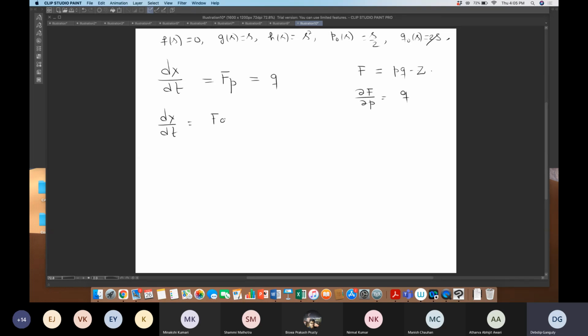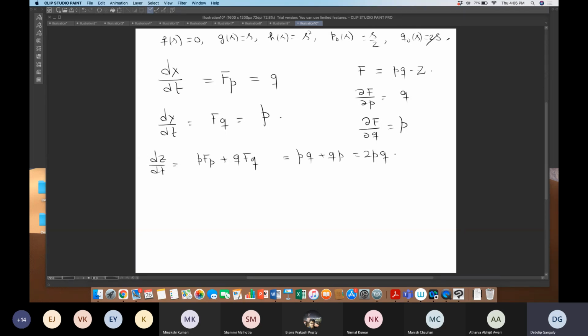It is fq, and del f by del q is p. And what is dz by dt? dz by dt is pfp plus qfq, that is pq plus qp, which is 2pq.